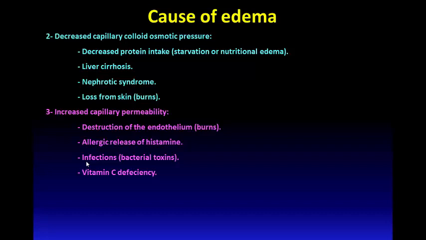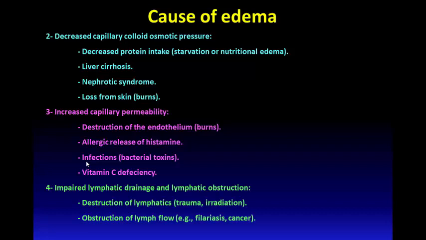The other important cause of edema is the impaired lymphatic drainage and lymphatic obstruction, like what happens in cases of destruction of the lymphatics as a result of trauma or irradiation, or when the lymph flow is obstructed by cancer cells or by filariasis.